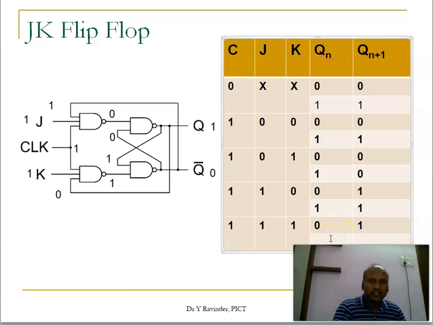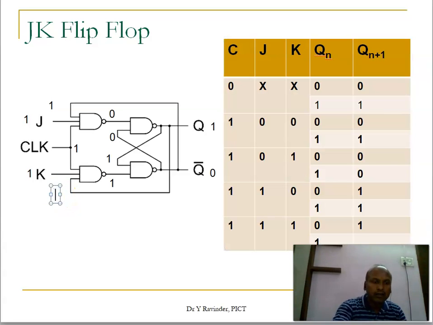Now if I say this is 1, this is 1, so I made it 1. This 1 will go here. And this 0 will go here. Now as soon as this is 0, this becomes 1. Right?